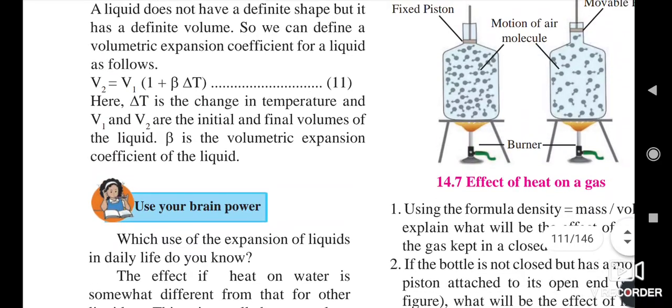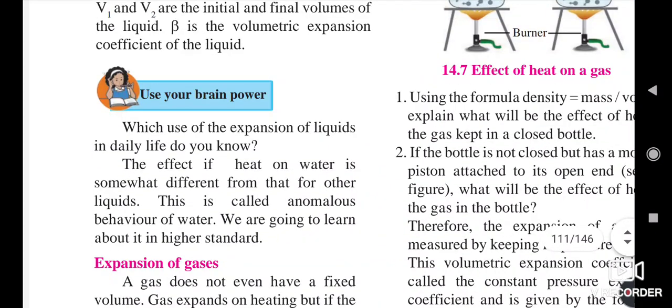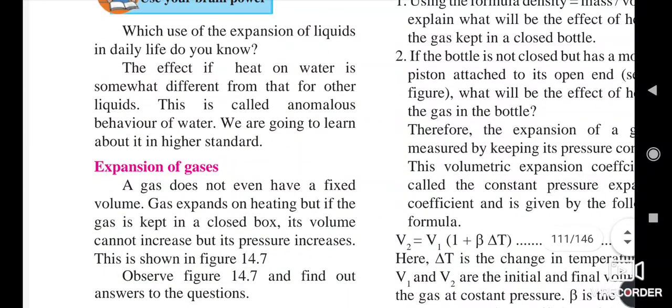Here delta T is the change in the temperature, volume 1 and volume 2 are the initial and final volumes of the liquid, and beta is the volumetric expansion coefficient of the liquid. The effect of heat on water is somewhat different from that of other liquids. This is called the anomalous behavior of water. We are going to learn it in a higher standard.